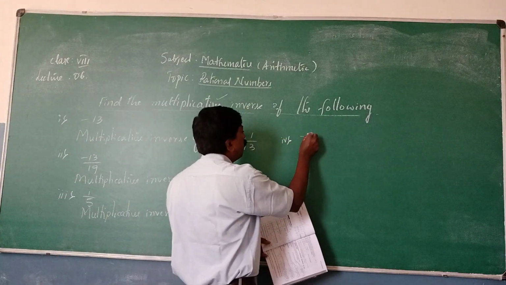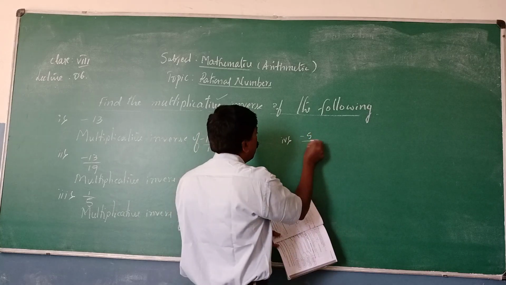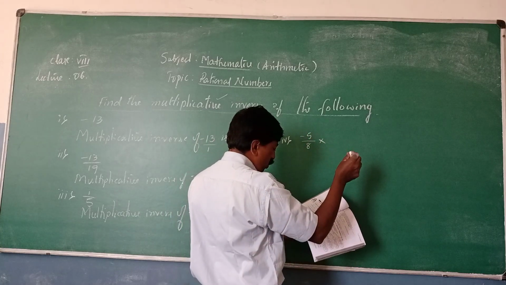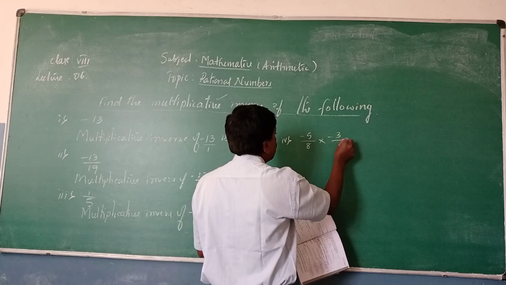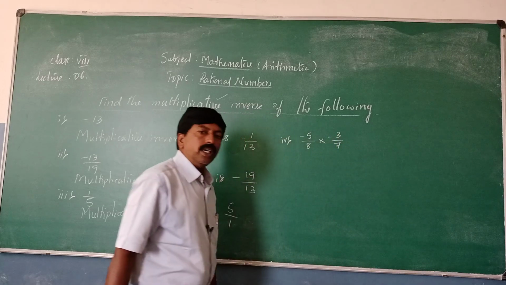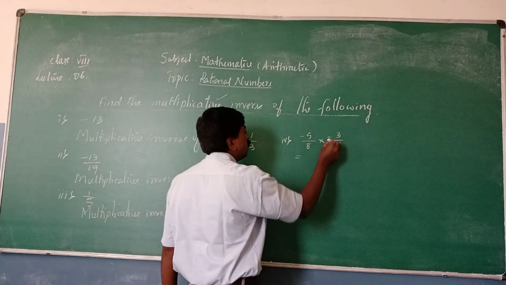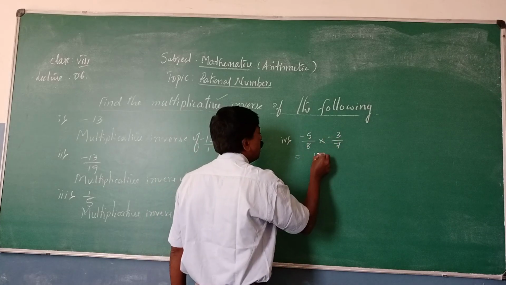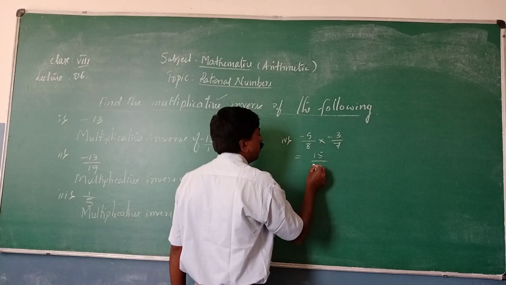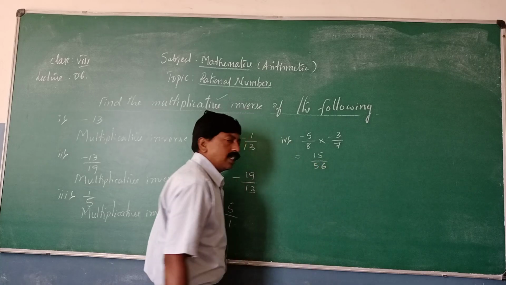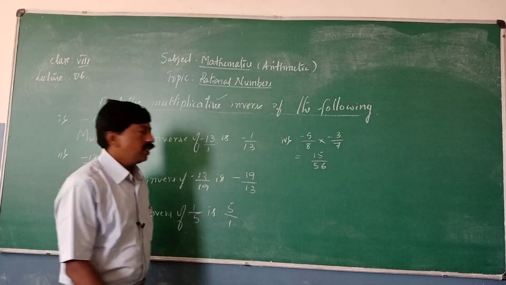The fourth one is minus 5 by 8 into minus 3 by 7. Before writing the multiplicative inverse, you can simplify this: minus into minus is plus, 5 threes are 15, 8 sevens are 56.